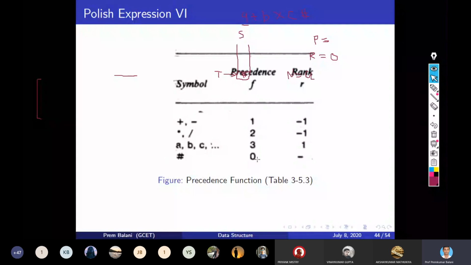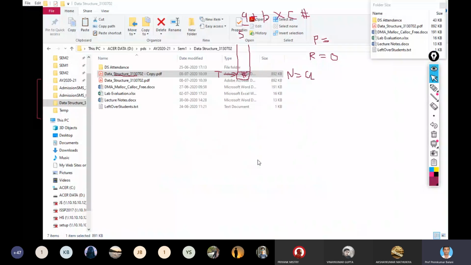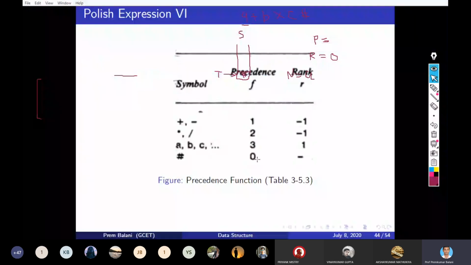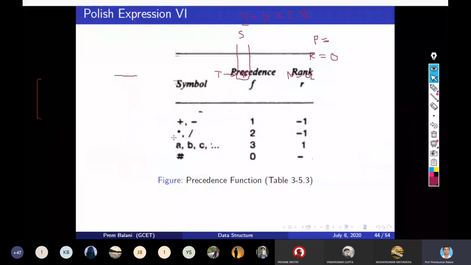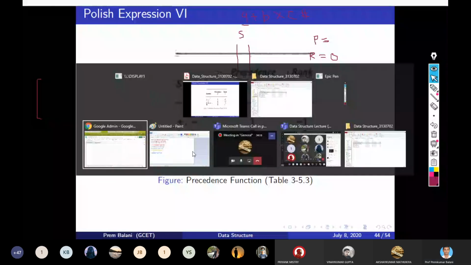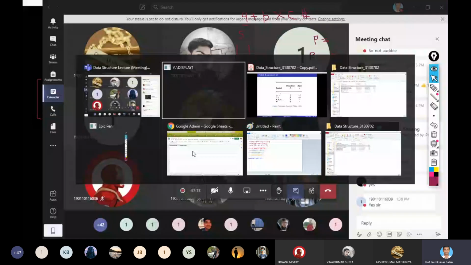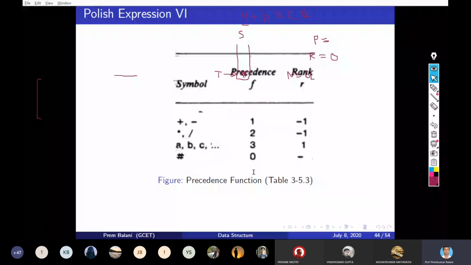And for hash it is 0. So now let's come back to our example. Okay, so now you remember this.